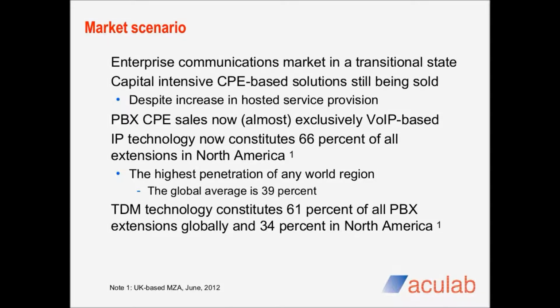And conversely, there's a similar need for that 34%, the TDM-based extensions, to connect to SIP-based applications and services, probably a lot of the time, since most services are IP-based these days. The essential message here is that in both these cases, IP and TDM, gateways are needed, TDM to SIP or SIP to TDM. Either way, TDM or IP, businesses need gateways.